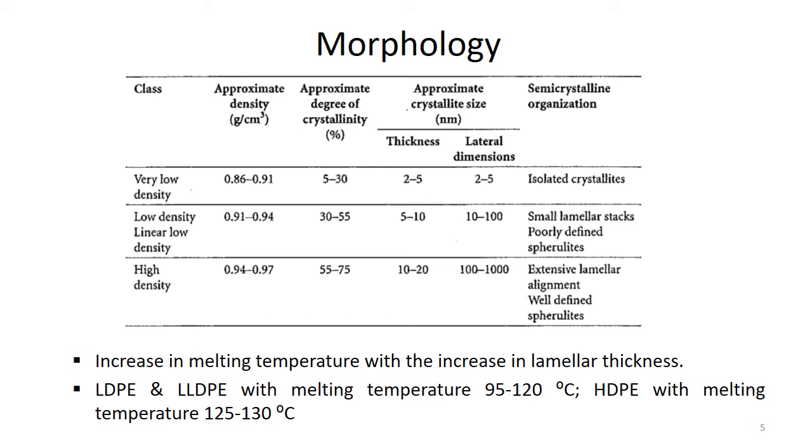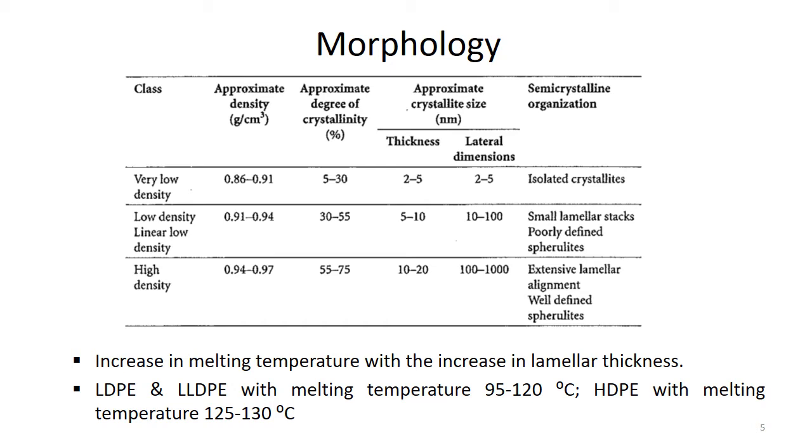So morphologies and melting temperature are strongly influenced by crystallization conditions, and all these things are interrelated. If you see the table, this is the summary of semi-crystalline orders in polyethylenes. When we talk about very low density polymers, the densities are less than low density or linear low density polymers.